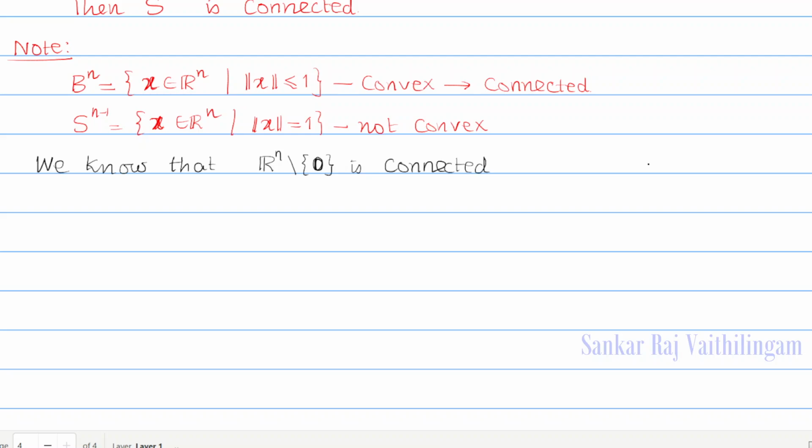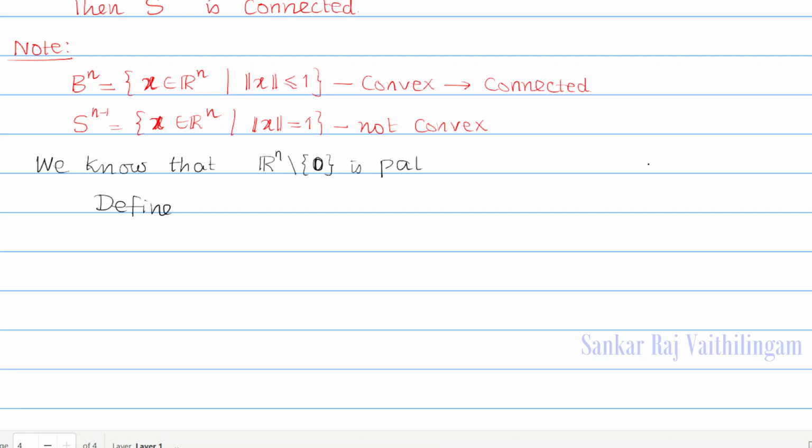We have already seen this. Of course, we have shown a very strong condition: that it is path connected. This R^n minus {0} is path connected.